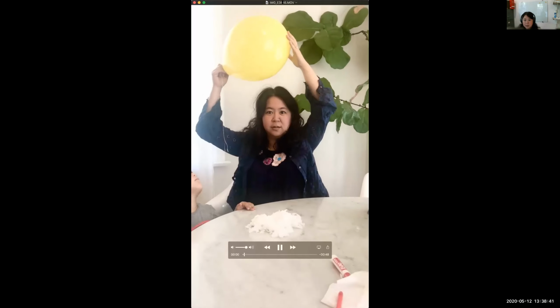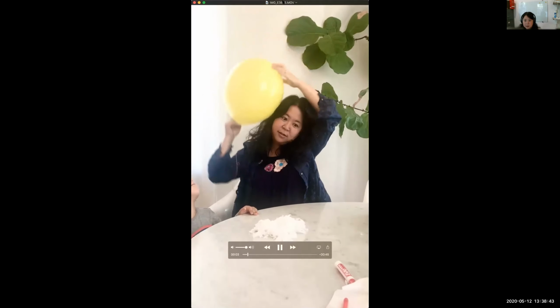All right. You already saw this, but this is what I'm talking about right now. Rubbing. Do you see my hair being stuck? Yeah, it's starting to stick up.